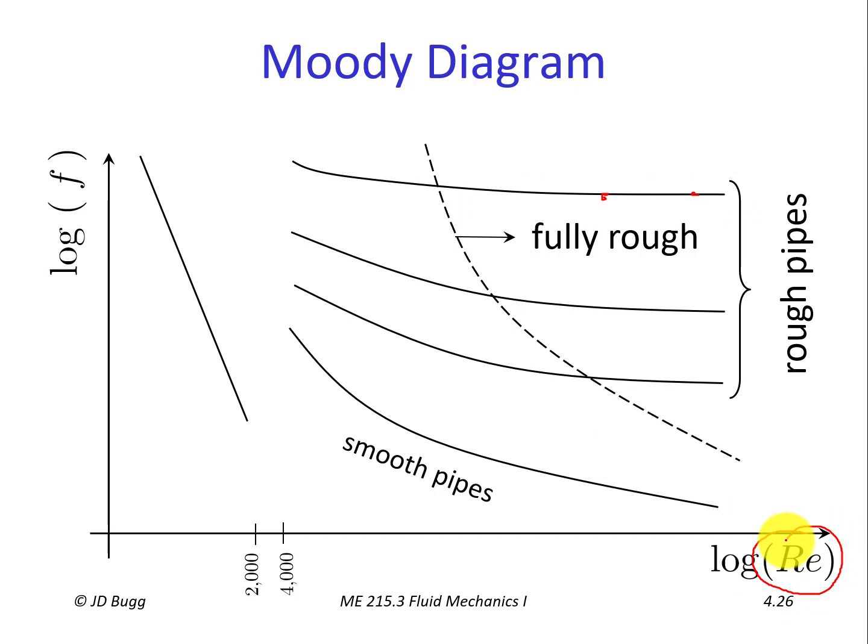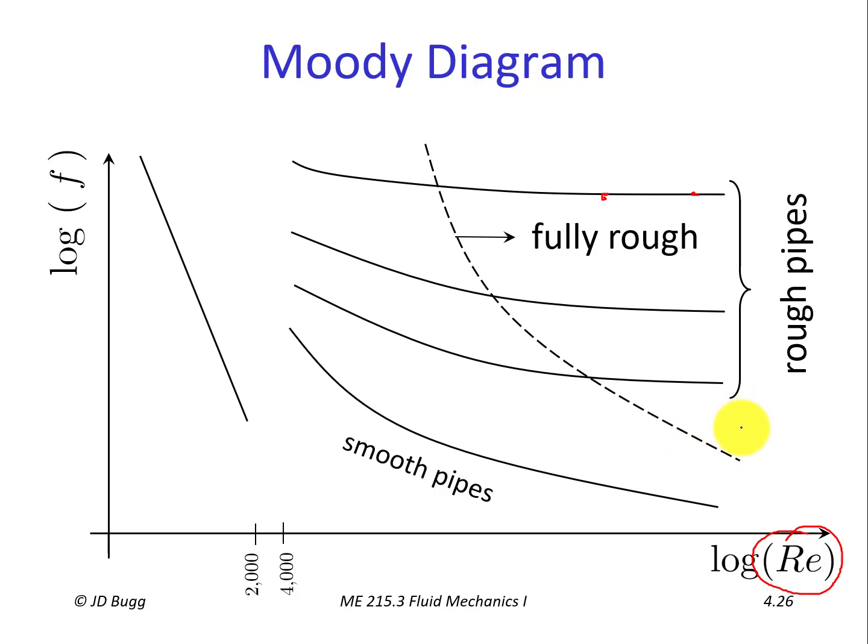Now, that's an important feature of the Moody diagram, and it's a feature that we're really going to take advantage of when we're solving problems later on. And I'll emphasize that quite a bit during a couple of the examples, that the friction factor becomes independent of Reynolds number if the Reynolds number is high enough.